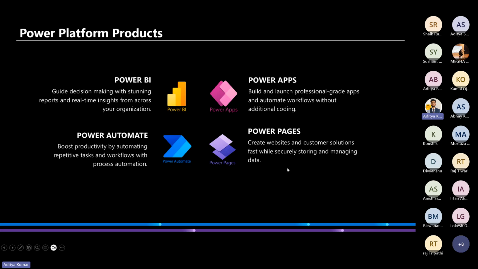The last one is Power Pages. These four things which I'm showing here are very important in Power Platforms because they are the basic things for Power Platforms. Power Pages, I haven't used much, but you can use it to create websites and customer solutions and to store and manage data.